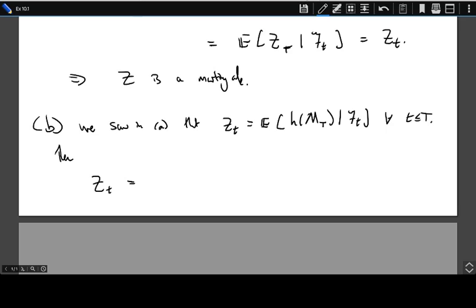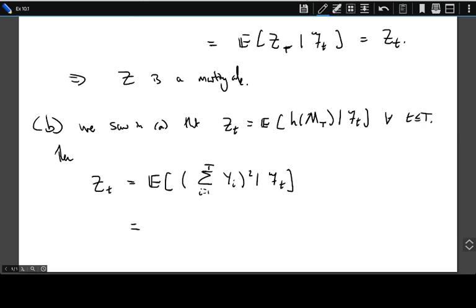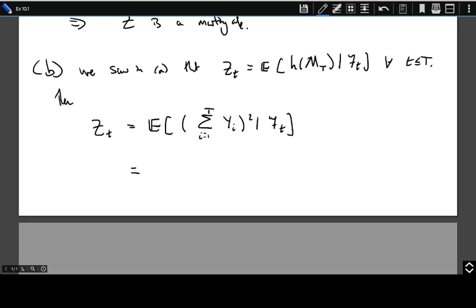Plugging in the given values of H and M, we can expand the sum and use linearity of conditional expectation.